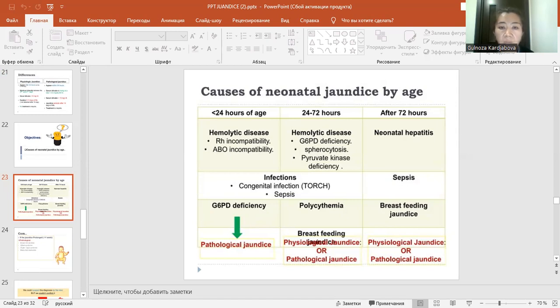This table shows some differences by the age of our baby, neonatal jaundice by age. For example, G6PD deficiency, polycythemia, breastfeeding jaundice. We should provide a differential diagnosis, and then we may make the diagnosis.